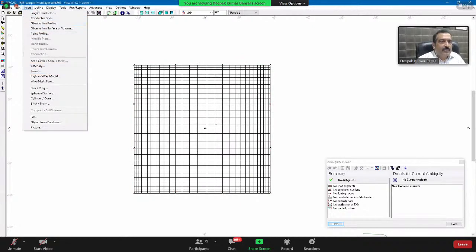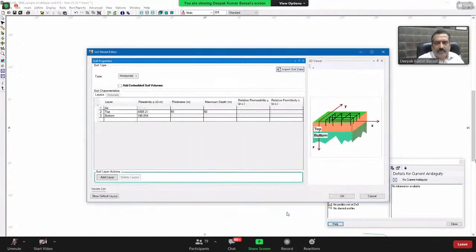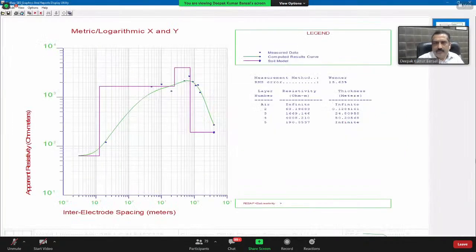Now we'll define the soil model in this CDEGS software. Now we have two options, like we can import the soil data from the file we have created, but here I'm having 4 layers of soil, but I'm not using these 4 layers. I'm using only 2 layers, that is 4000 ohm and 190 ohm.